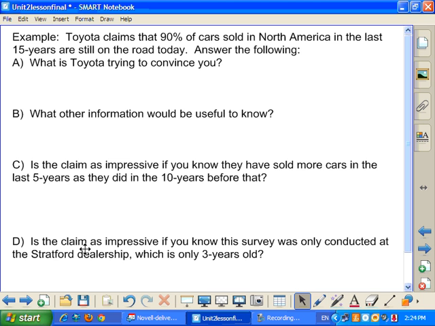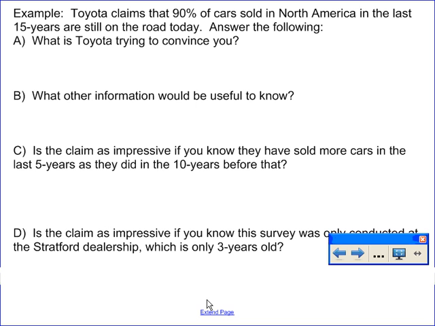So let's use one you see in the newspaper maybe. So Toyota, they claim that 90% of their cars sold in North America in the last 15 years are still on the road today. So they say 90% of the cars they have sold are still on the road today. So answer the following. What's Toyota trying to convince you? So with this statement, with this claim, what are they trying to convince you?